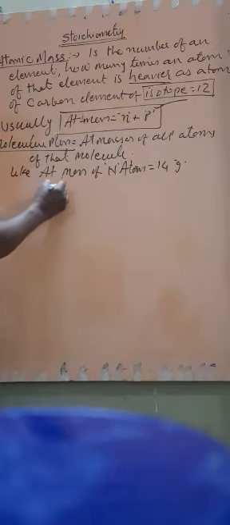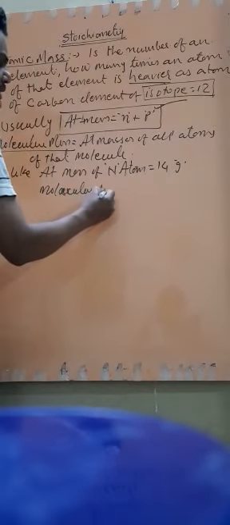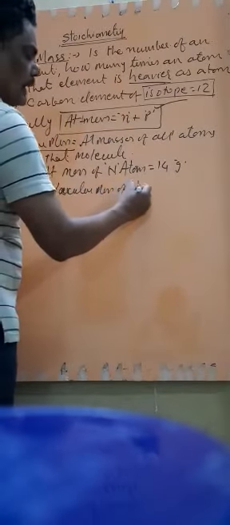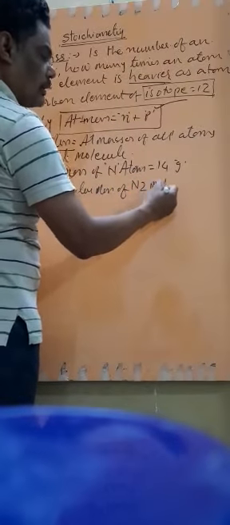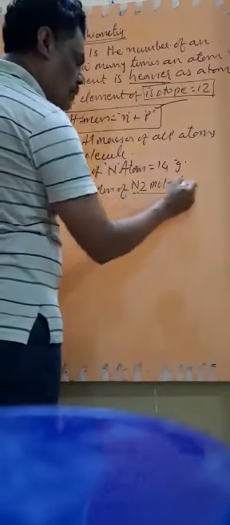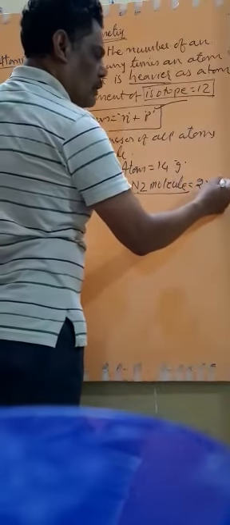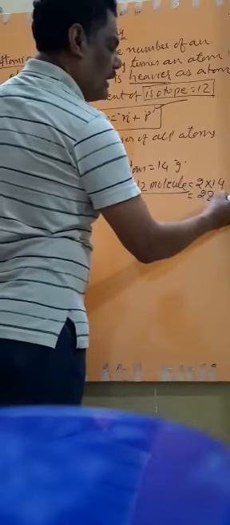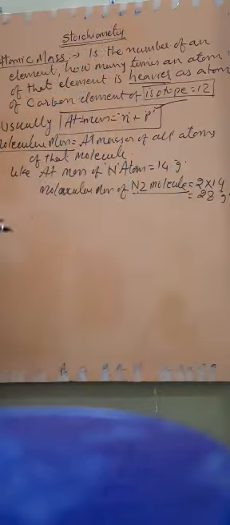But if you find the molecular mass of the N2 molecule, there are 2 atoms, and each atom has atomic mass 14, so it will be equal to 28 gram.